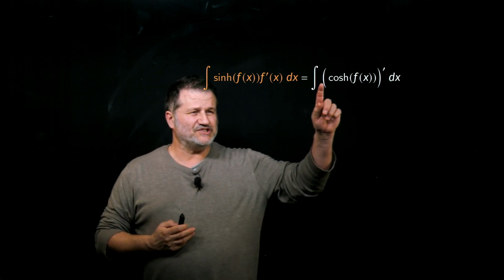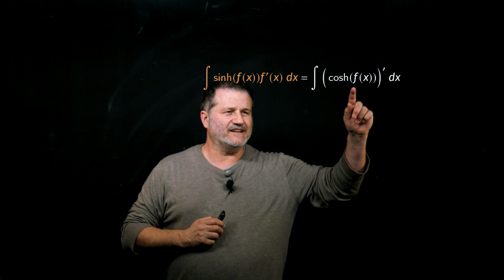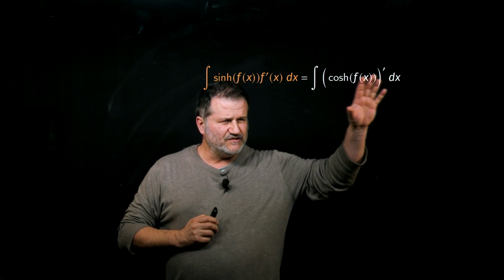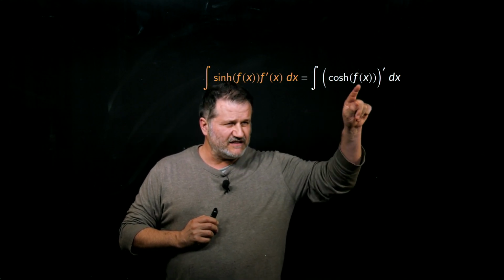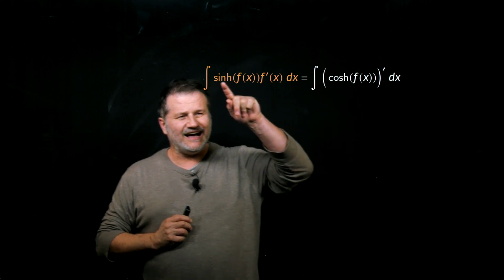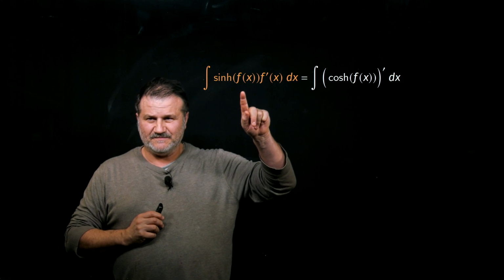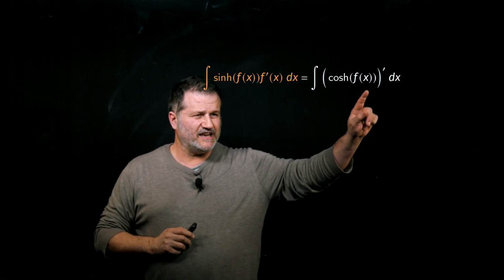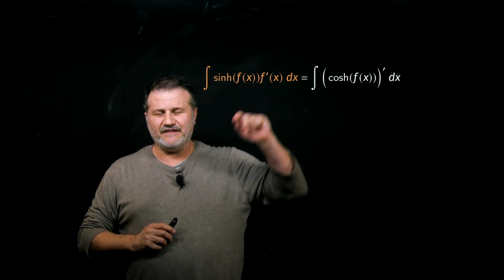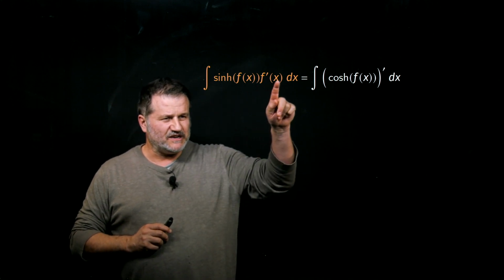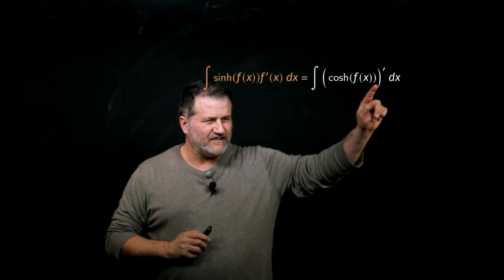I got this differentiating hyperbolic cosine of f(x). Because if you differentiate this, you get the derivative of hyperbolic cosine, which is the hyperbolic sine, evaluated in the argument f(x), times, because of the chain rule, the derivative of the argument, f prime. So this expression here is exactly the derivative of this.